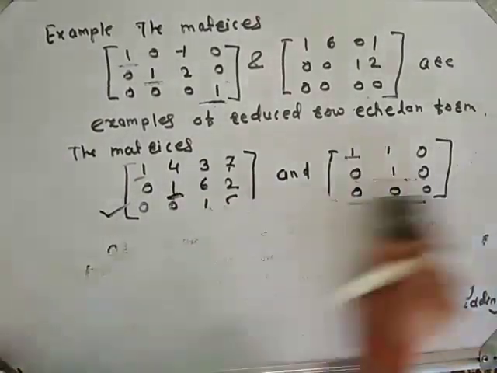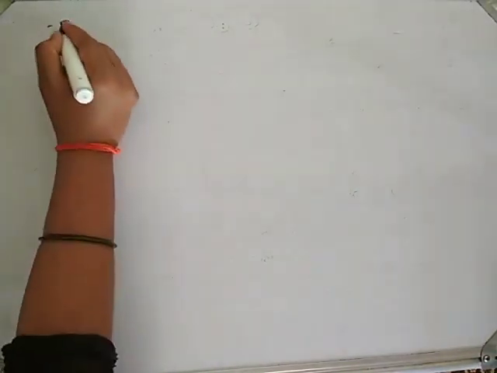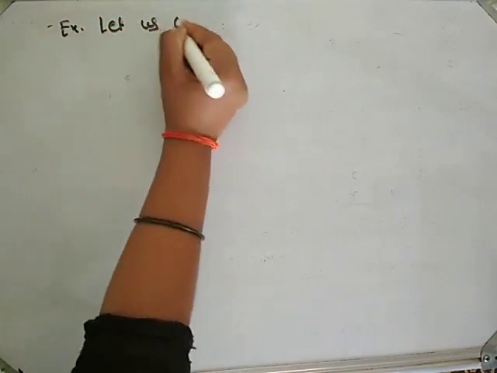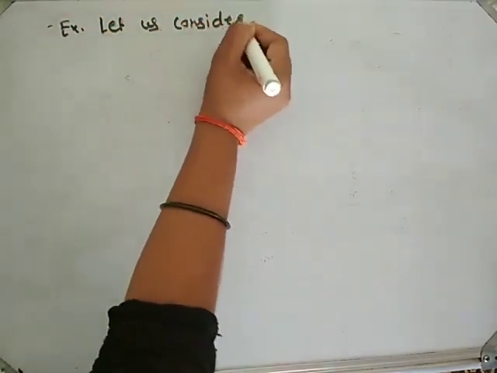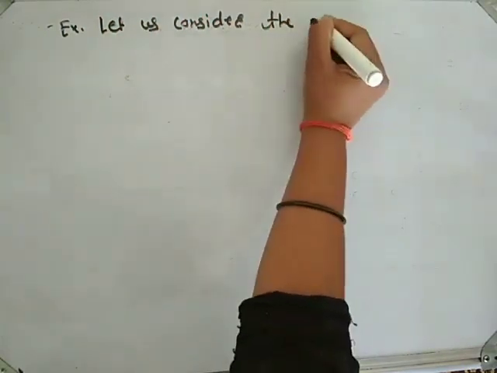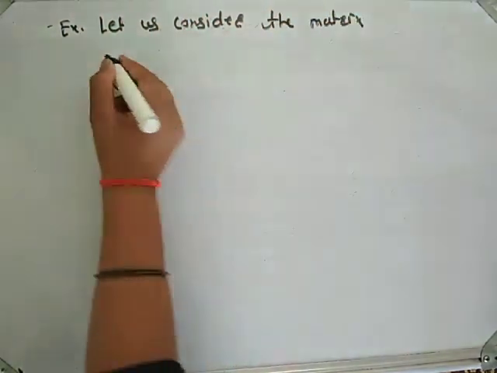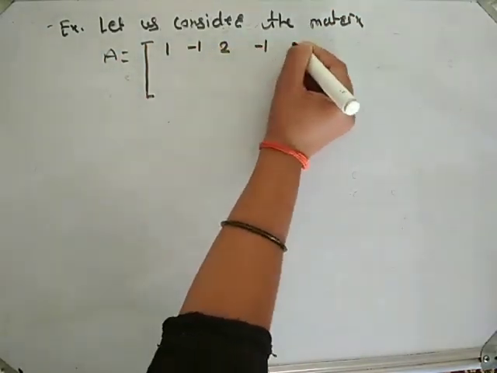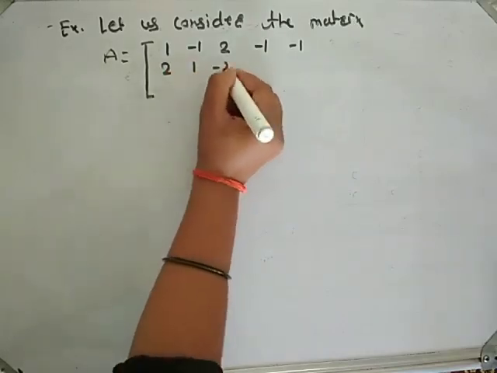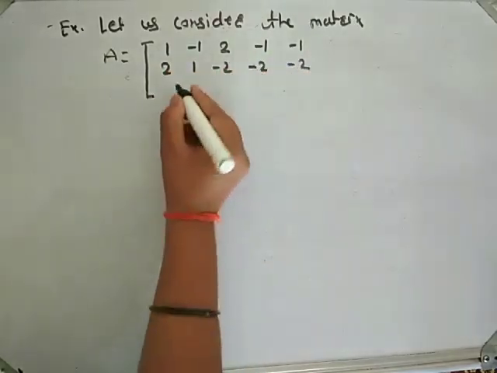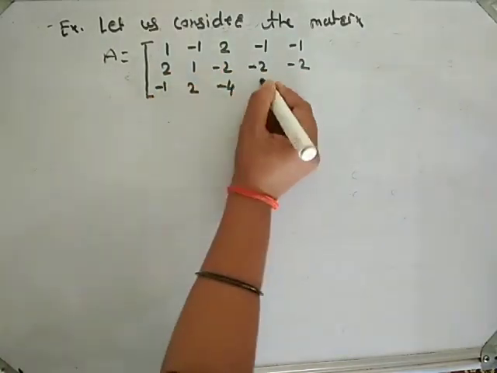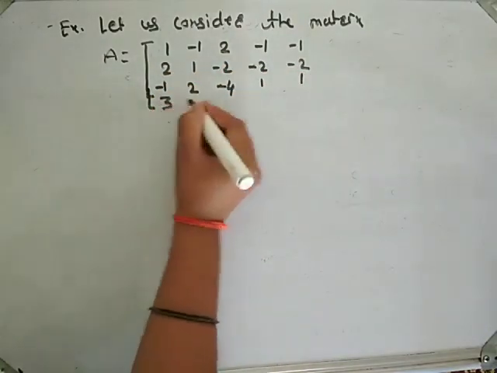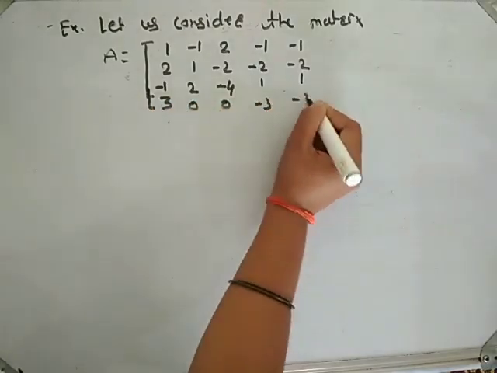Okay, let us take one example. Let us consider the matrix A equals the matrix 1, minus 1, 2, minus 1, minus 1; 2, 1, minus 2, minus 2, minus 2; minus 1, 2, minus 4, 1, 1; 3, 0, 0, minus 3, minus 3.